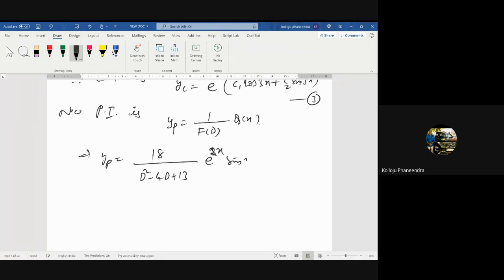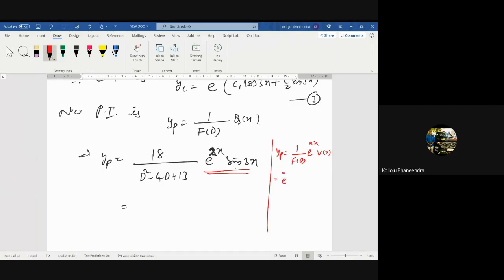Now, the model I told you, what is that? Yp equal to 1 by f of d into e power ax into v of x model. Right?